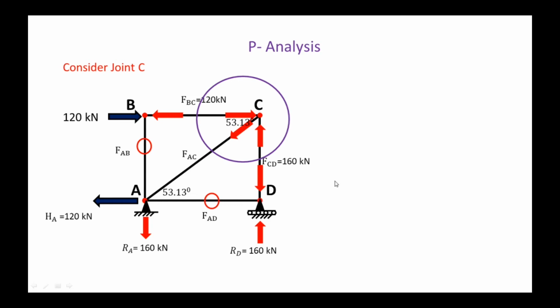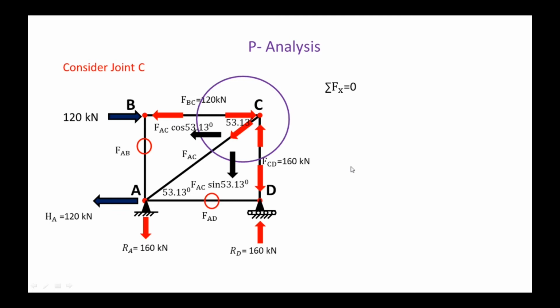These are the resolutions. Horizontal is FAC cos 53.13 and vertical is FAC sin 53.13. This is the angle between BC and AC.